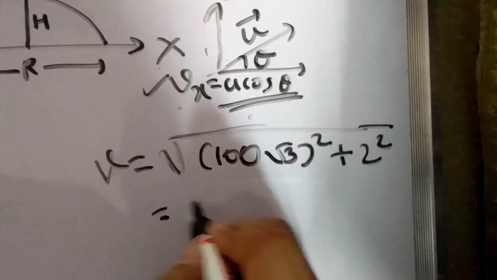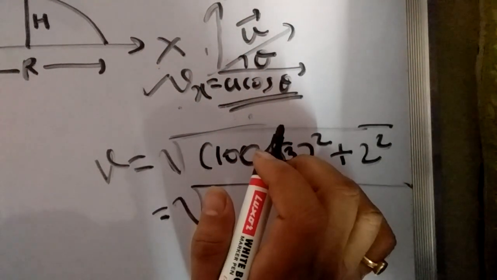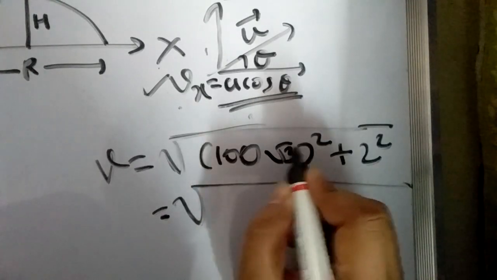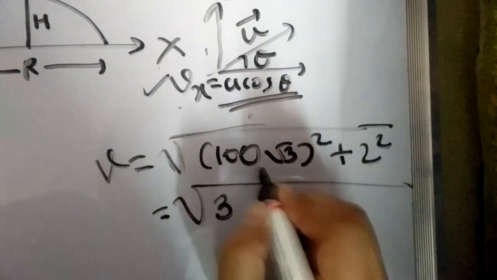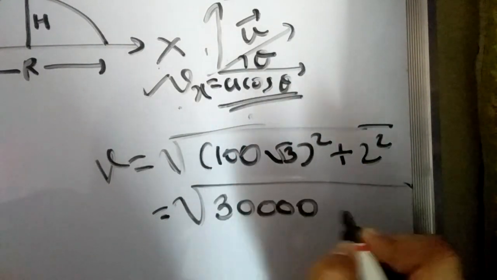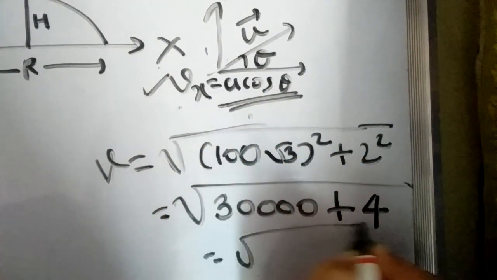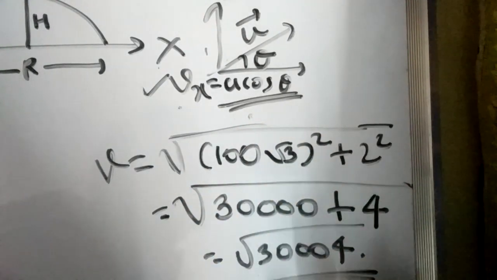What is the value of 100 root 3 square? 100 square is 10,000, and the square of root 3 is 3, so 3 and 4 zeros, plus 2 square is 4, which is under root of 30,004.